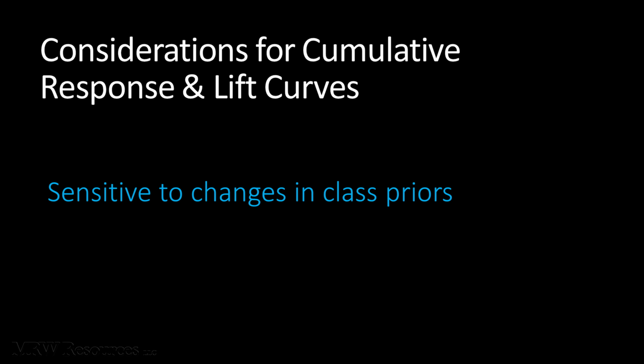In these situations, it's common to downsample our negative cases so that we don't have so many negative cases cluttering up our modeling efforts. And we can build our training model on more positive cases. So when this happens, the cumulative response curve and lift curve won't be accurate for what our actual population is. They are specific to whatever we downsampled our training data to look like.